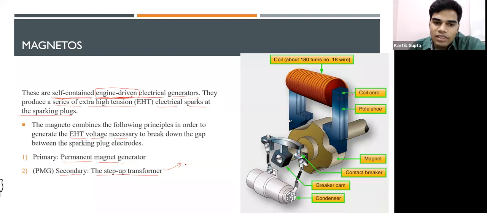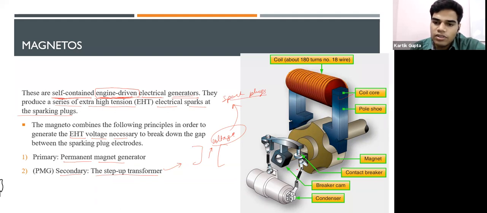When there is a change between them, electric current starts to flow and a voltage is induced. This voltage is taken and supplied to the spark plugs, which finally produce the spark.